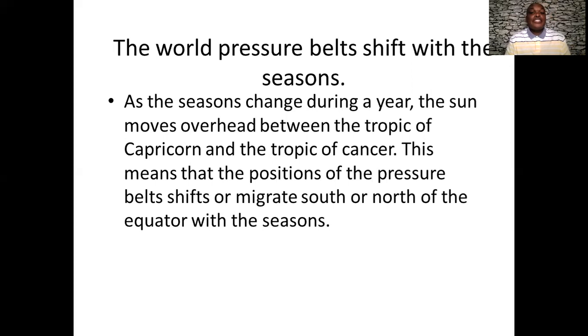What is key to understand in terms of the pressure belts is that they shift with the seasons. As the seasons change during a year, the sun moves overhead between the Tropic of Capricorn and the Tropic of Cancer.